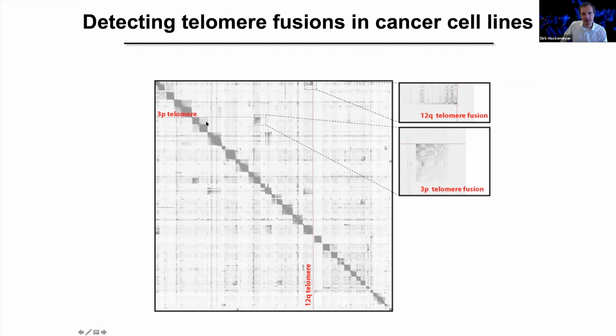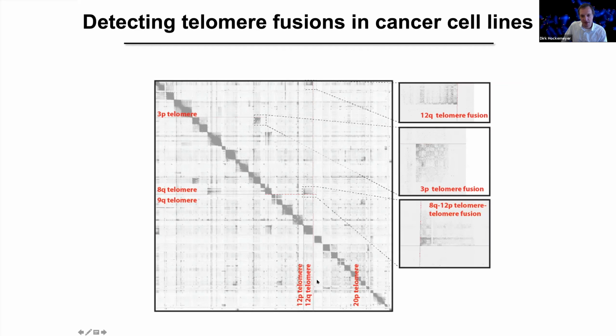And in this particular cell line, we find quite a few of these events. So for example, here we have a chromosome 3 p-arm telomere fusion that makes contacts to a part of chromosome 6 in the cell line.